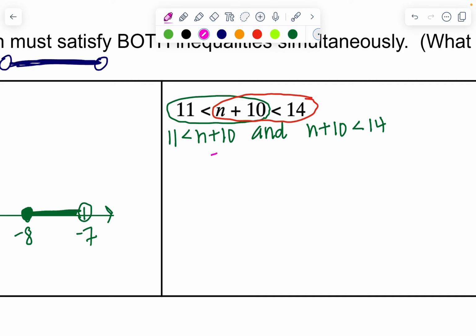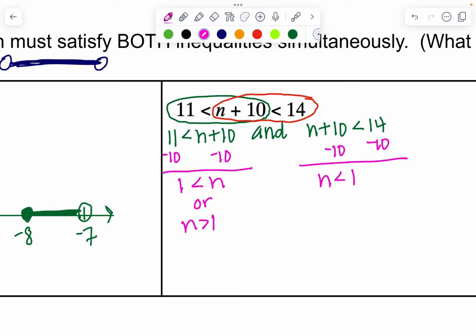So solving this, subtract 10, and 1 less than n, or you could say n bigger than 1, means the same thing. Here, subtract 10, n less than 14. So again, there's two ways we could write it.